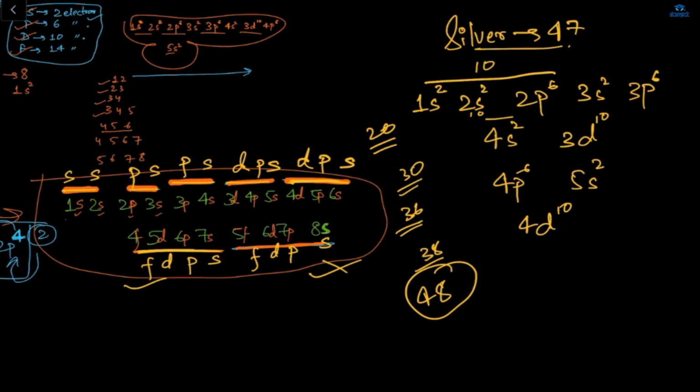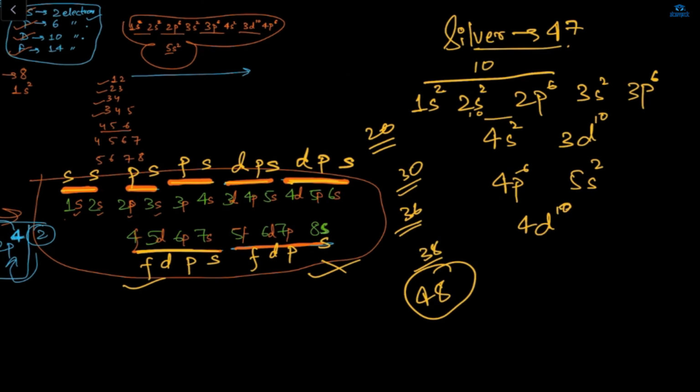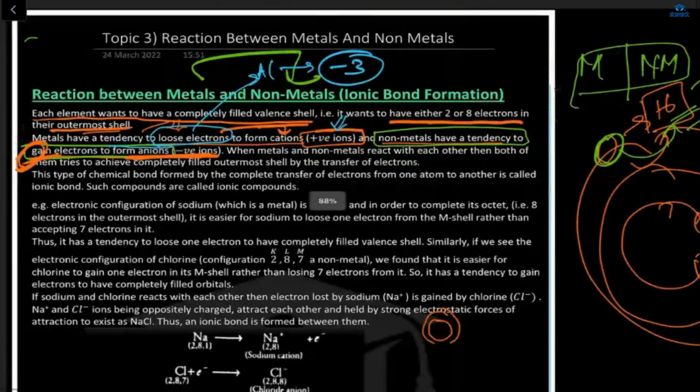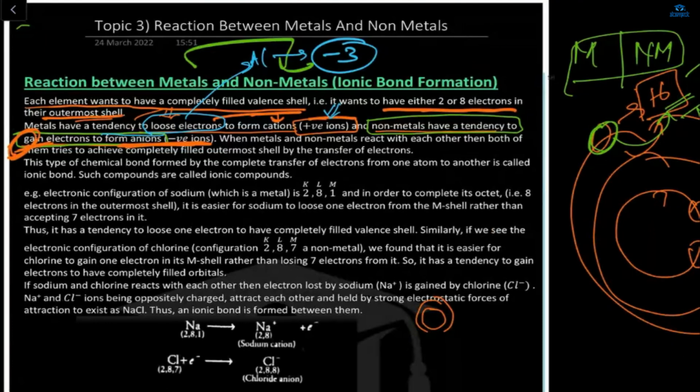In the last orbit it will be 4d9. That's it. So one more electron is left. So what is silver? Silver is a metal. Metals have a tendency to lose electrons.